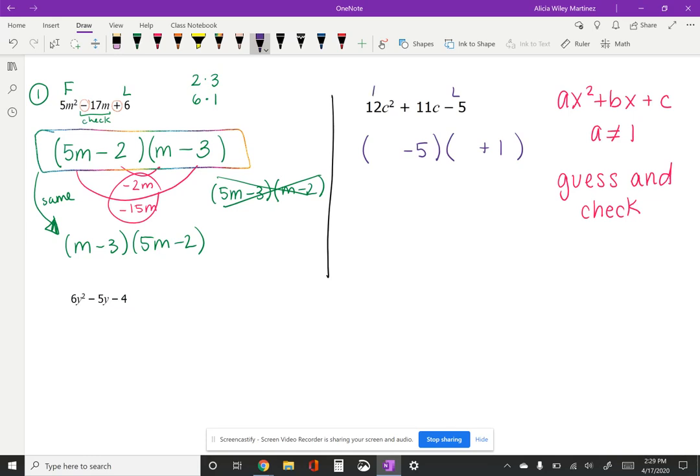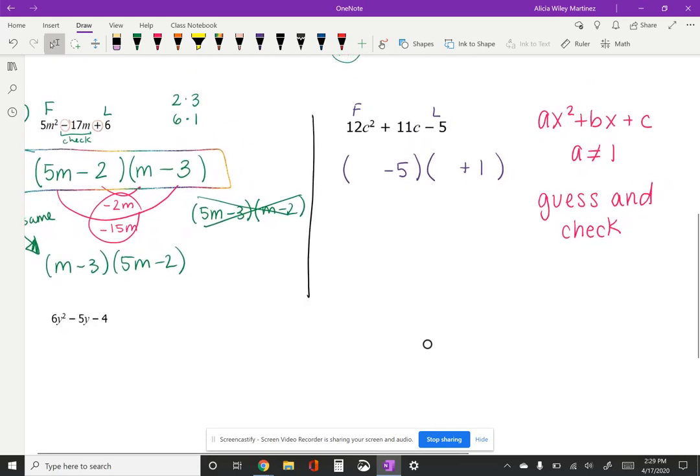Now for the first terms, I'm looking at 12c squared. What's tricky about that is there's different ways that we can multiply to 12. 4 times 3, 6 times 2, 12 times 1. Okay? So I'm just going to sort of pick one, and I'm going to go with it and give it a try.